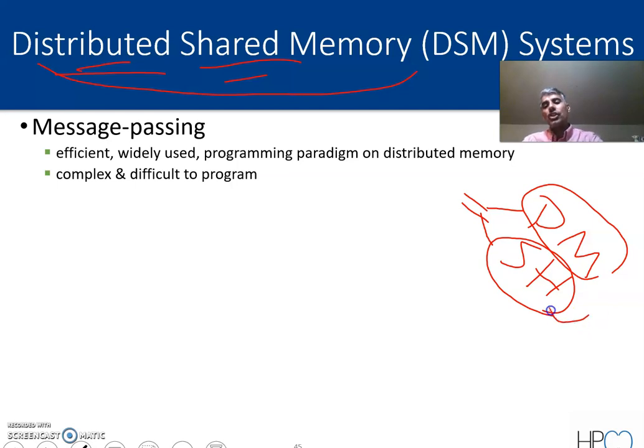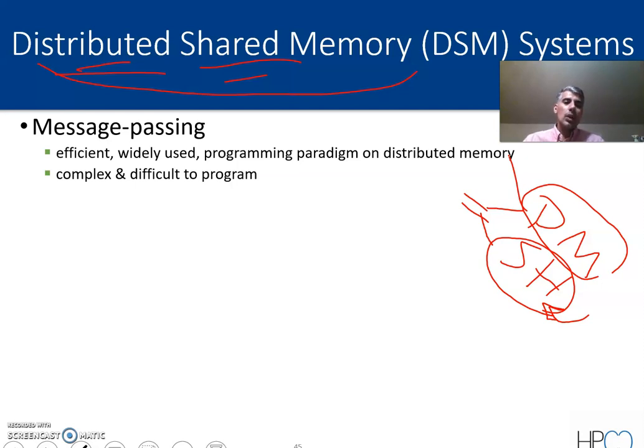Don't forget that shared memory programming, in other words threads, is limited to one computer. You cannot go beyond the cores of one computer. However, in distributed memory, you have much more scalability, and you can scale to theoretically whatever number of processors you have.